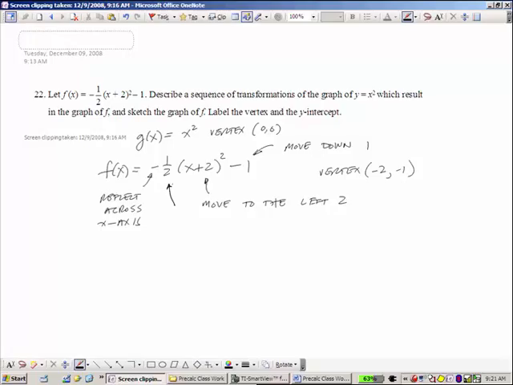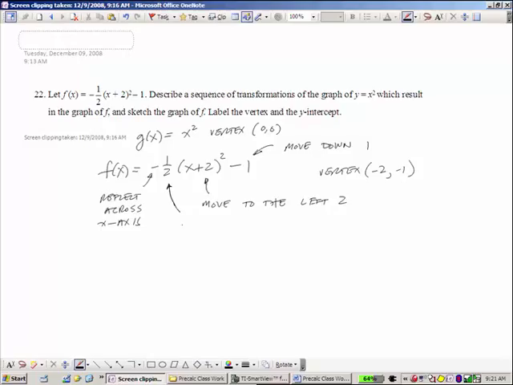That half? Jennifer? And does it stretch it horizontally or vertically? Awesome.